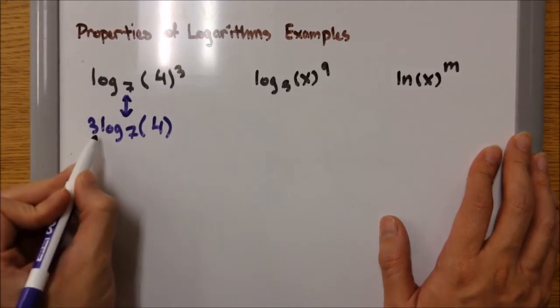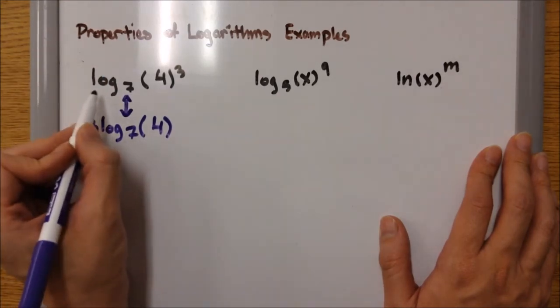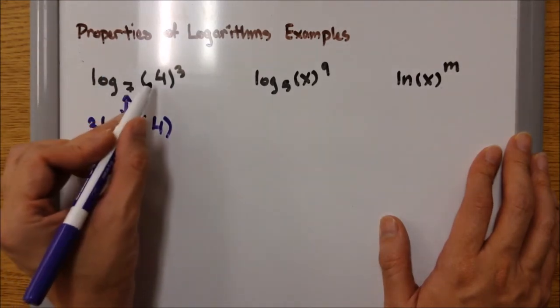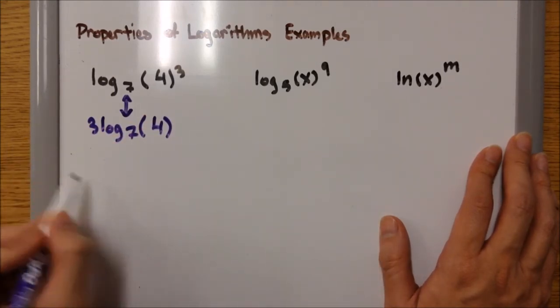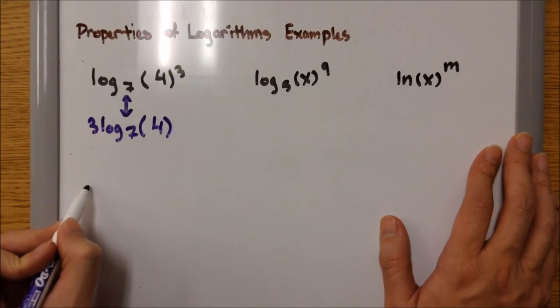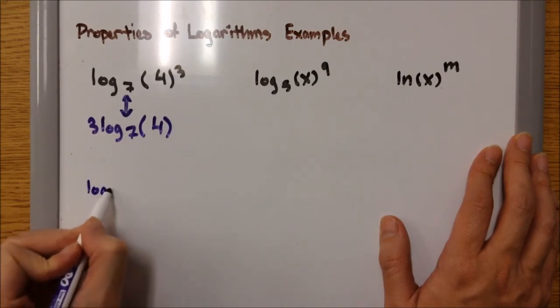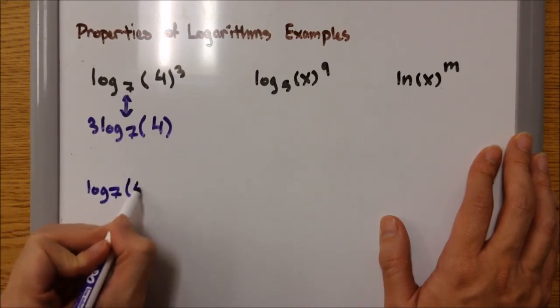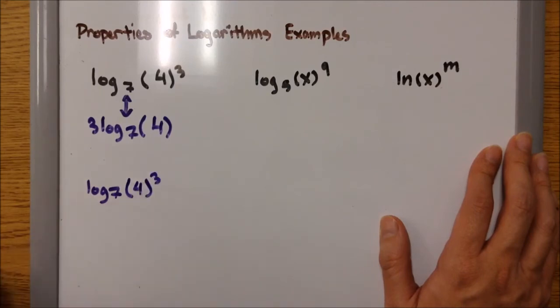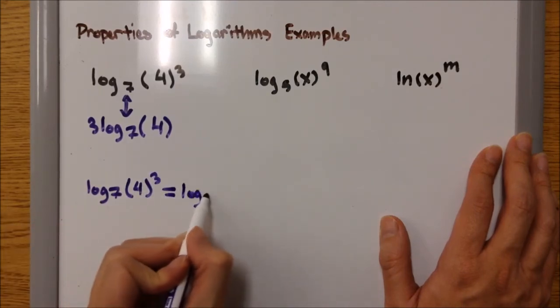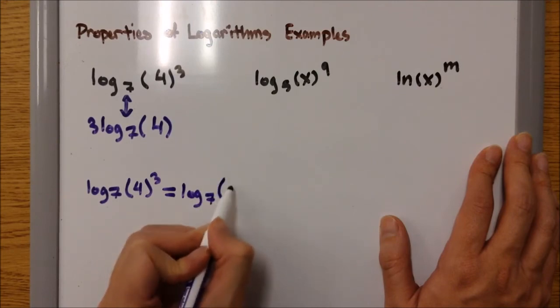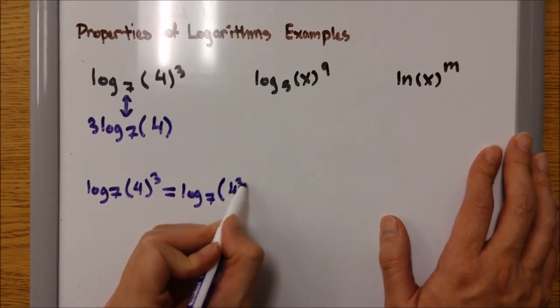If we start with 3 log base 7 of 4, you can rewrite it as log base 7 of 4 to the third power. And there's something that I didn't mention. Log base 7 of 4 to the third can be rewritten as log base 7 of 4 to the third power.